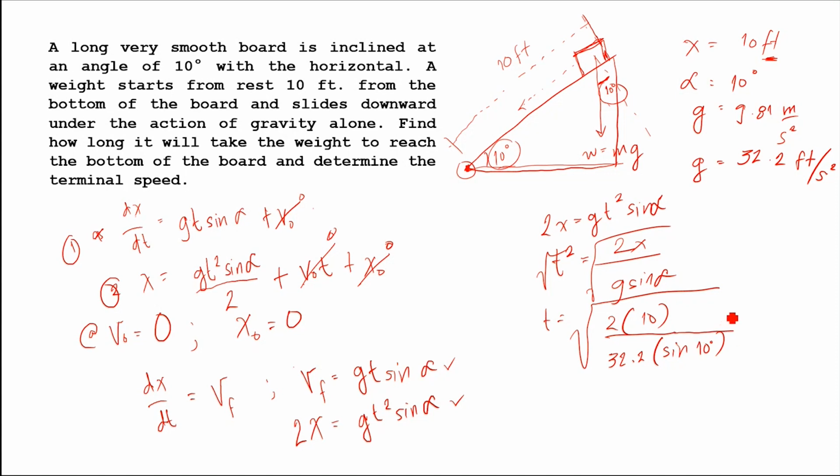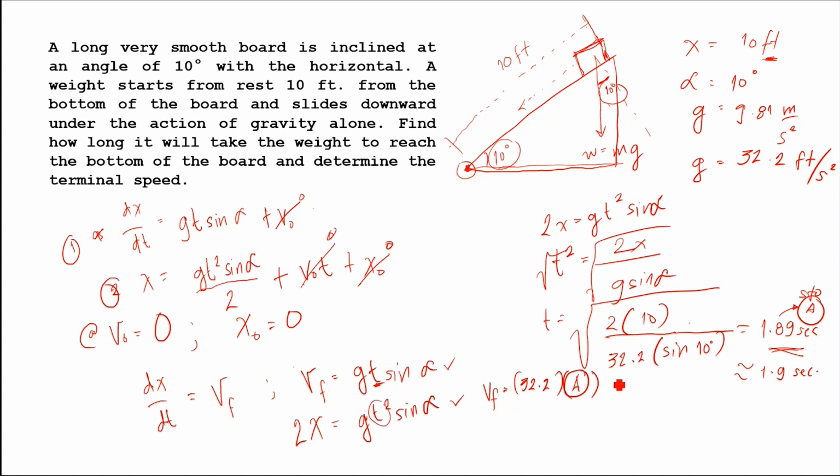Therefore, the time here is 1.89 seconds, or approximately 1.9 seconds. Let's now get the velocity. Velocity is equal to 32.2 times, may time ka na. Itong time na nandito, store mo yan sa A. Para makakuha ka ng velocity dito, kailangan mo muna hanapin yung time.